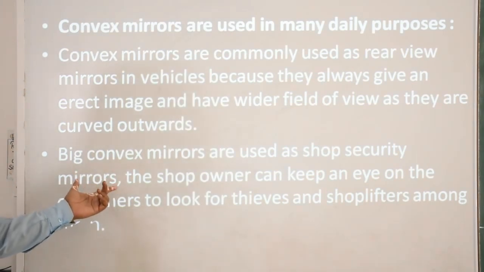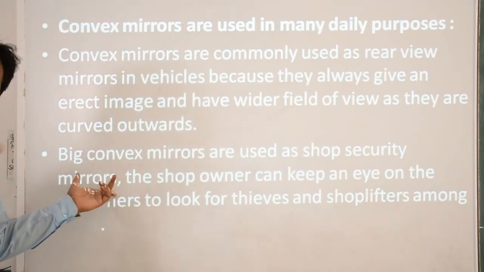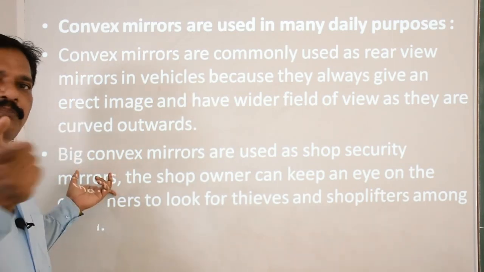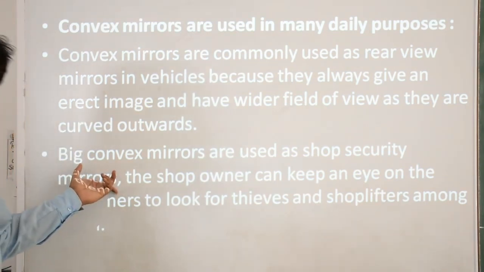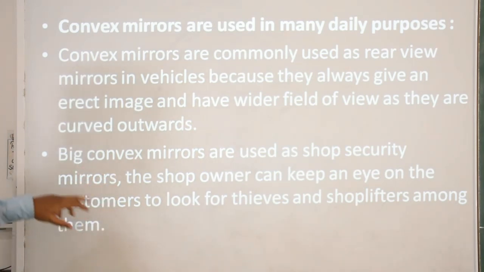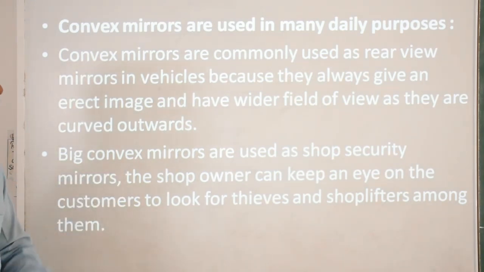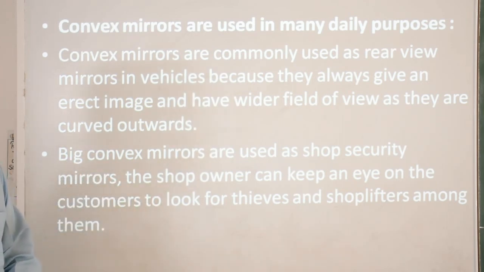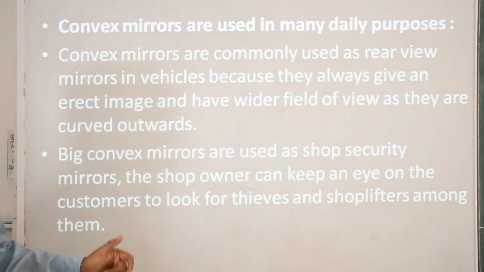This property was actually asked in last year's question paper, to solve numerical problems and to know about the nature of the mirror. So please take care of this, just make your concept very clear. The shop owner can see and keep an eye on the customers to look for thieves and shoplifters among them.